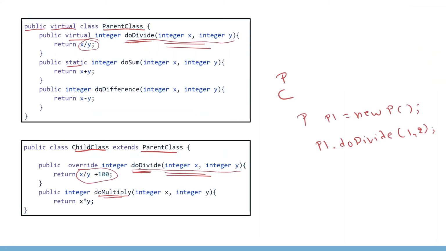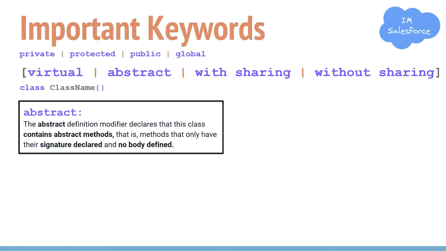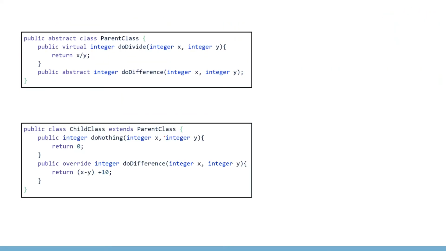The main thing here is extends. If it extends, then only this child class will be able to access all the things which are there in the parent class.